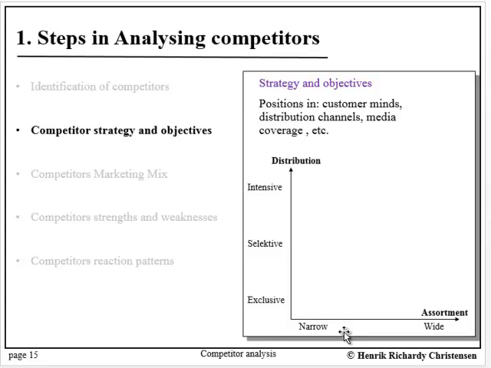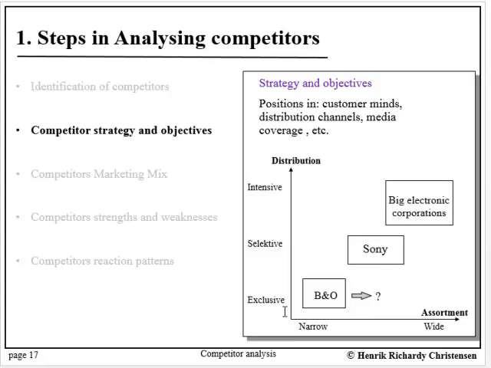Now, let's take the example of Bang & Olufsen, a Danish company producing hi-fi electronics and television sets at the exclusive end. They have quite a narrow assortment. They do not have a lot of different varieties, and they are quite exclusive in the market. Then we have other competitors, for example Sony.